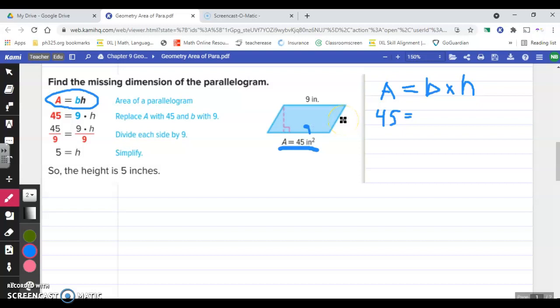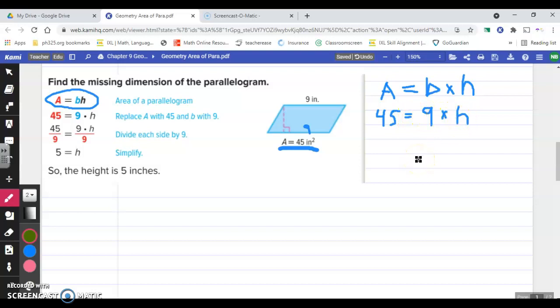So I have B, so let's put a 9 here. I don't know what H is yet. That's the first step: just go ahead and substitute the numbers you have in for your letters. So now I have 45 equals 9 times H.